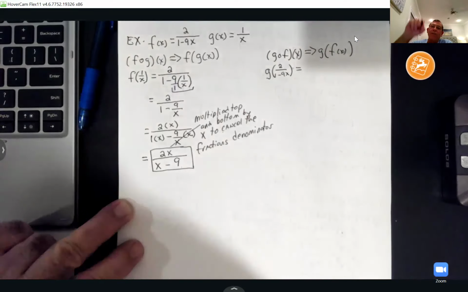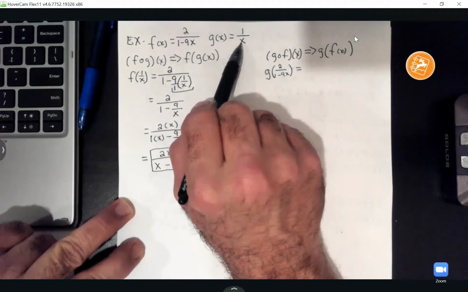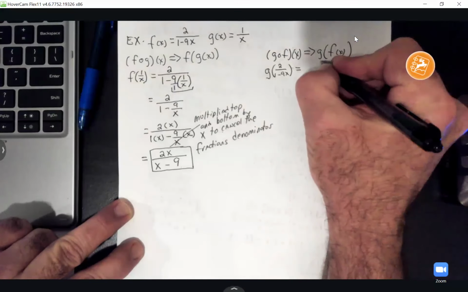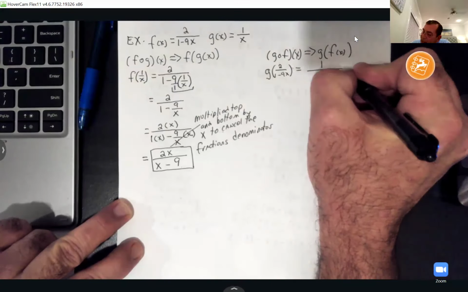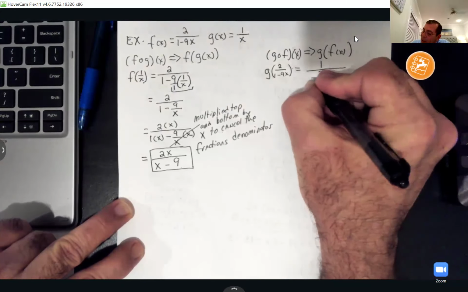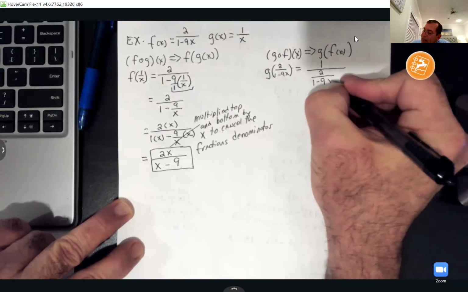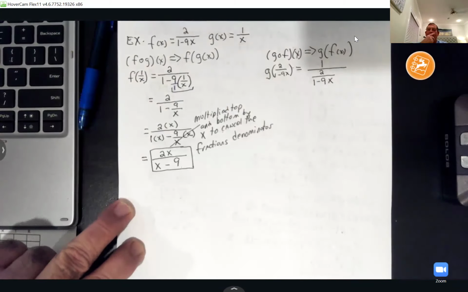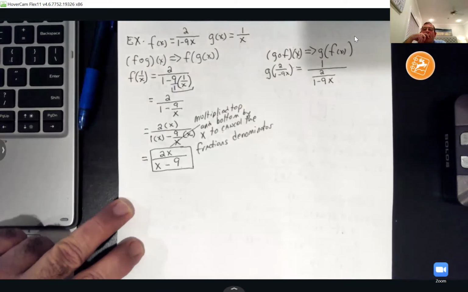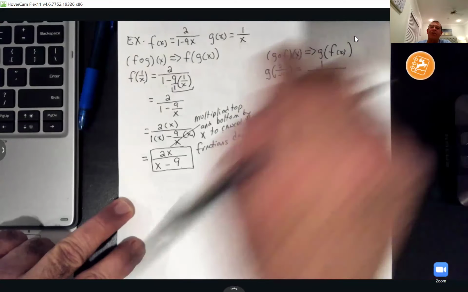Right? Because that's the whole function I'm putting into the x right here. So y'all, that'll give you 1 divided by 2 divided by 1 minus 9x. So once again, I got a fraction inside of a fraction.